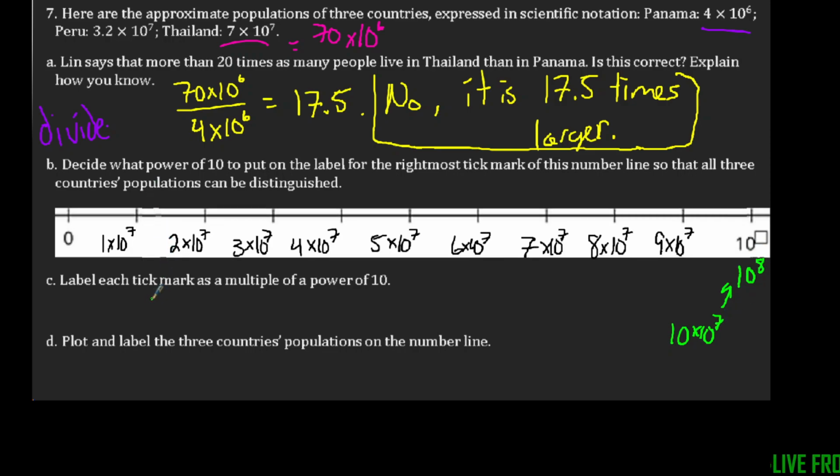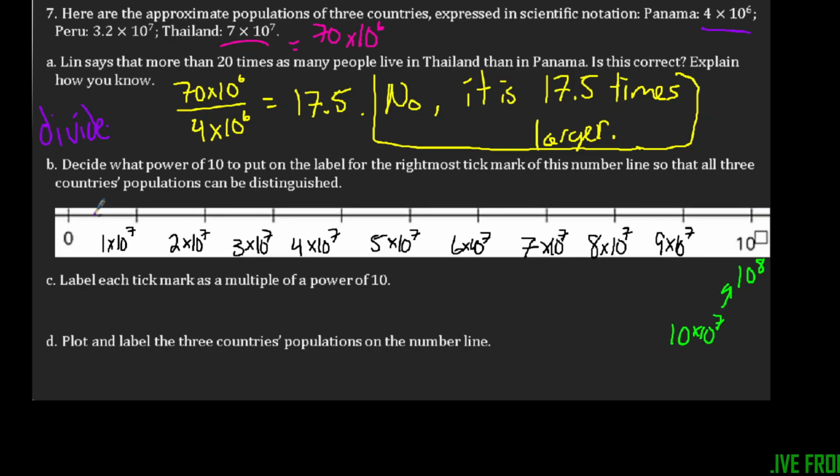So we did part C, and then it says to plot and label the 3 countries' populations on the number line. I have a couple colors already. Purple is Panama, and that's going to be below this first value because, again, this is 10 to the 7th power, and we only have 10 to the 6th power, so it's going to be just below halfway.